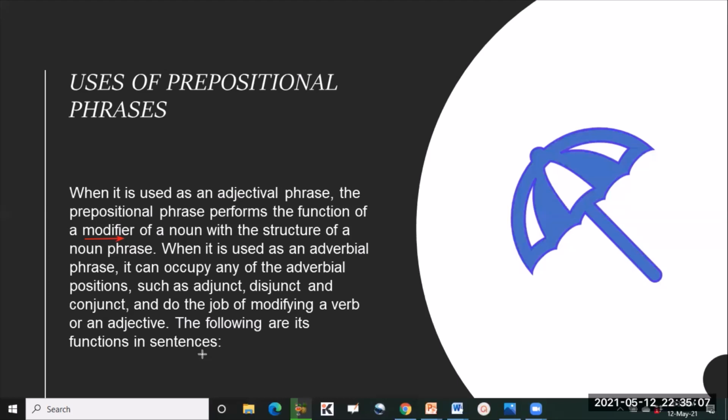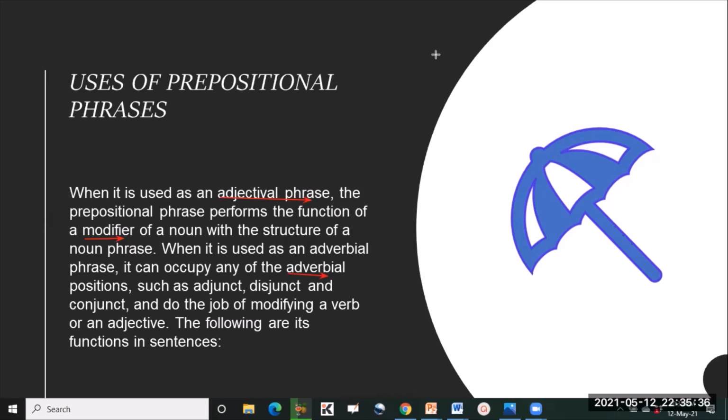We are now going to look at the functions of prepositional phrases in sentences, but you need to understand at this juncture that it can be used as an adjective phrase or as an adverbial phrase. These are the key functions.